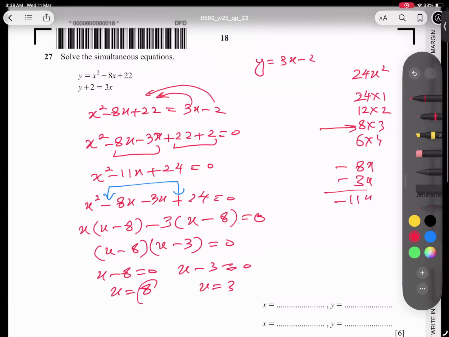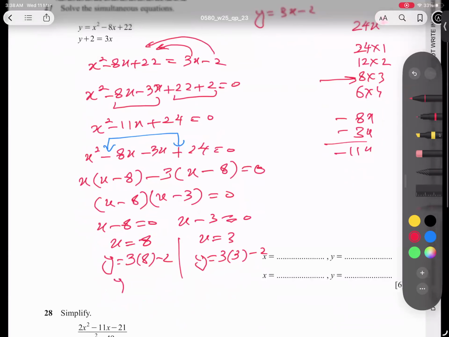Both values are 8. 8 3s are 24. Out of 24, 2 gone. Look, I show you the working. 3 times 8 minus 2. Same, 3 goes there. So 3 times 3 minus 2. And what am I getting here, students?